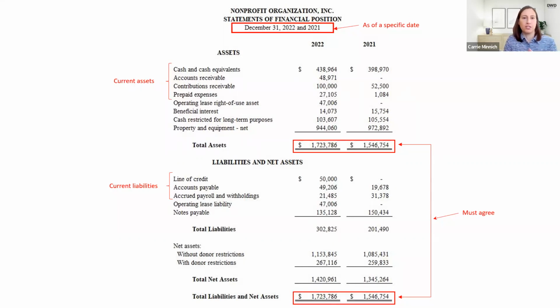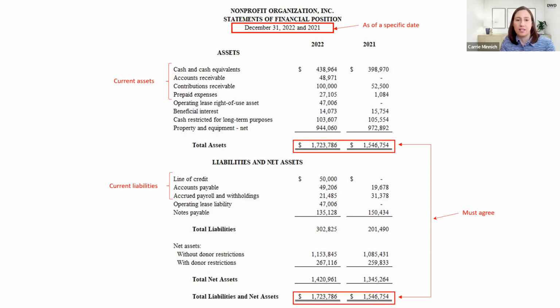So this balance on the statement of financial position represents the money that has been received through December 31st that has not been spent yet. So we have $267,116 of money that we have received that the donor says we have to use for a specific purpose, but we just haven't spent it yet. We like to see, obviously, the without donor restrictions to be more than the with donor restrictions.